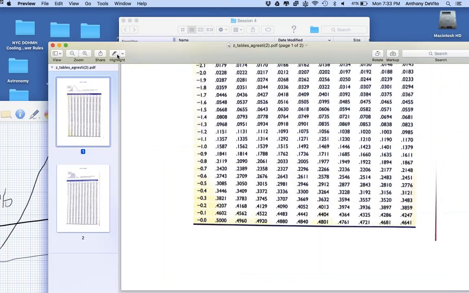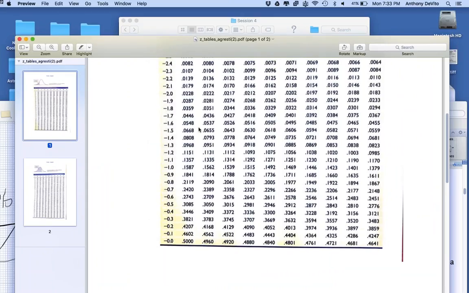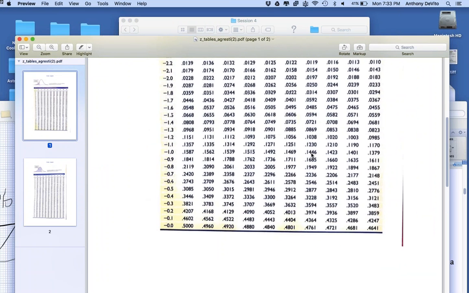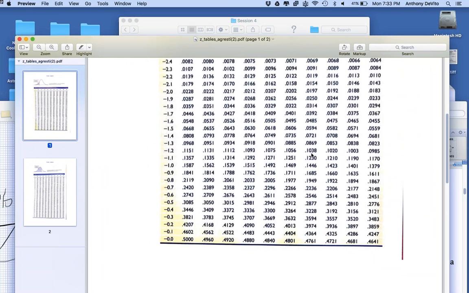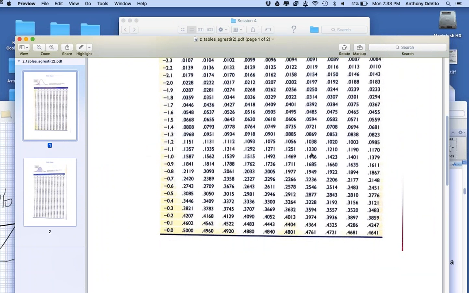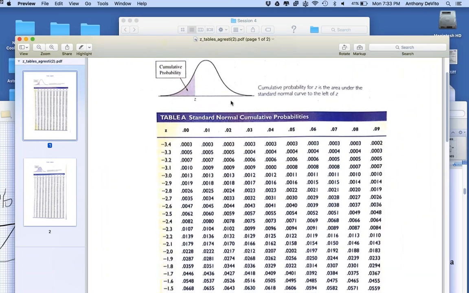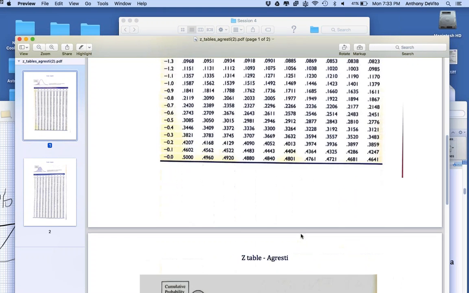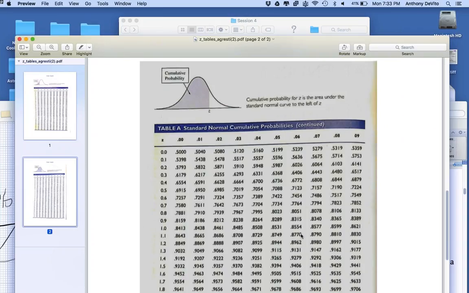I can go to this table and ask myself, what z-score represents, remember, all these things in here are areas or probabilities of the normal distribution. What z-score represents 90% to the left? Okay, so I know it's not going to be the first part of this table, right? Because they're all below 50% since they're to the left of the mean.